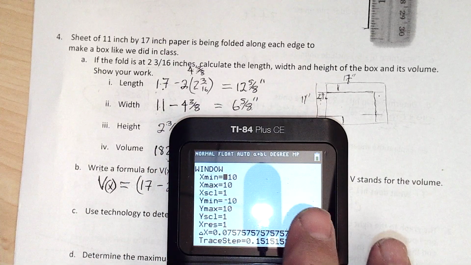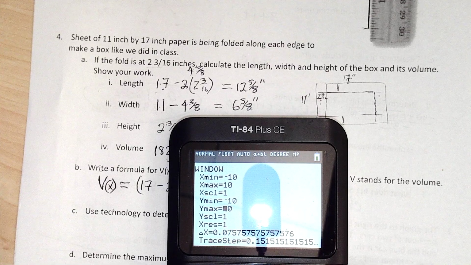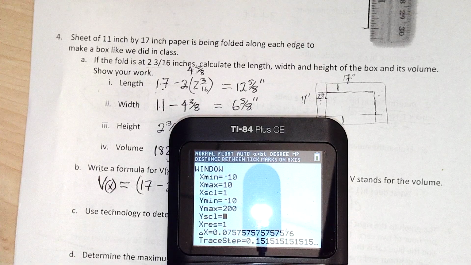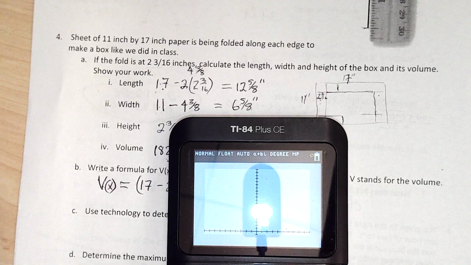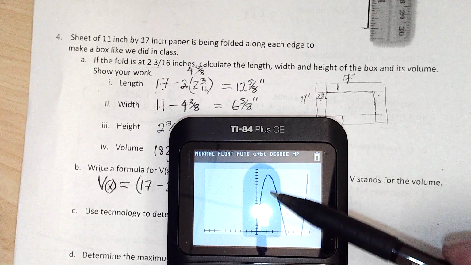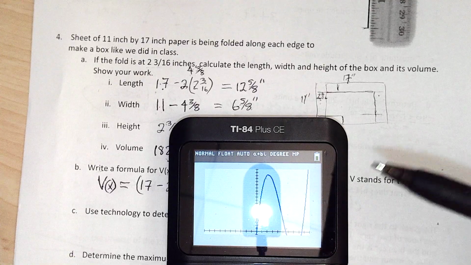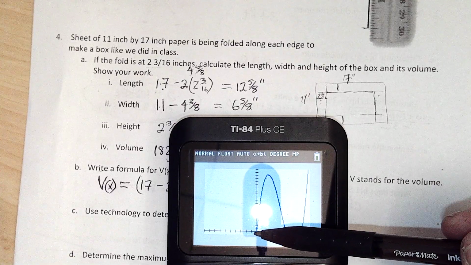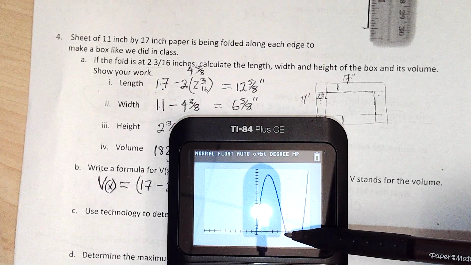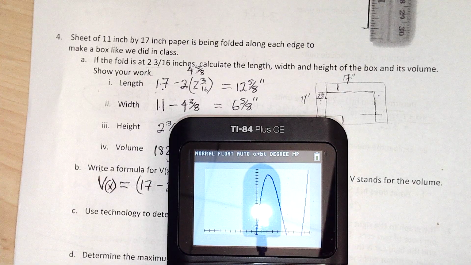So I'm going to go to my window and make my maximum Y 200, marking it every 10, let's say, graph. And that was high enough to get the max. And the max happens somewhere between 0 and that looks like 4.5 or 5.5 or something.